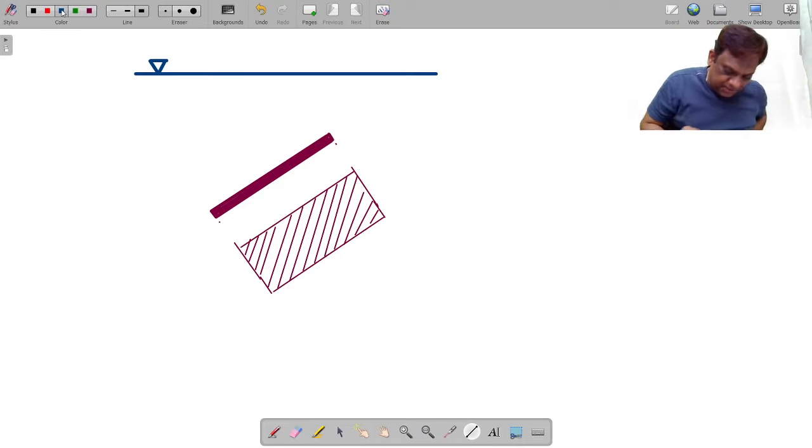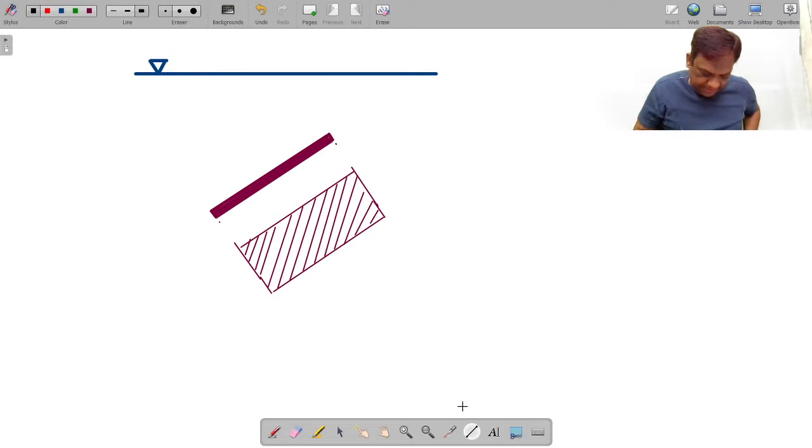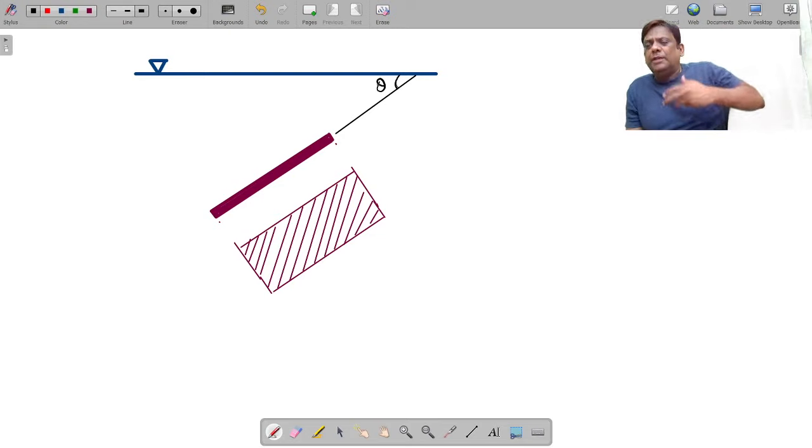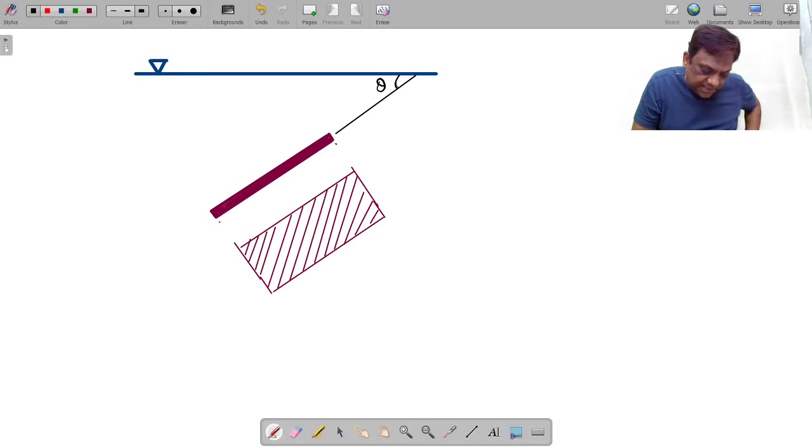Let the angle of inclination be theta. Can you tell me what is theta? It is the angle made by this surface with respect to the free surface.